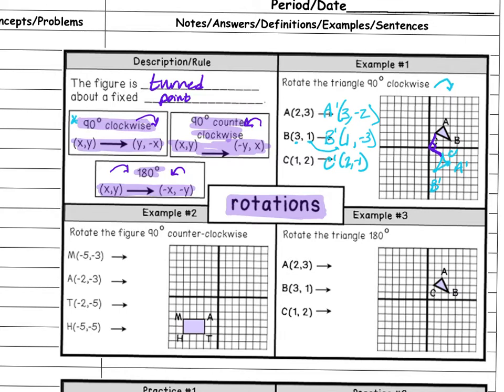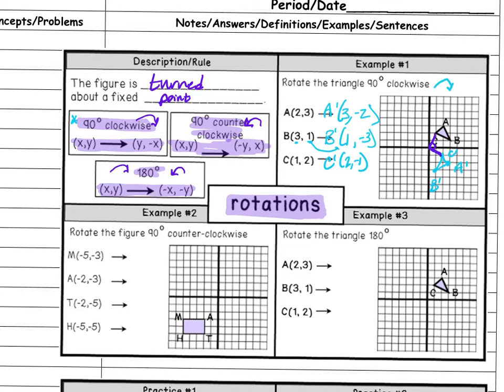They'd all be on the same circle all the way around. So it's like three circles rotating around the center, the origin.